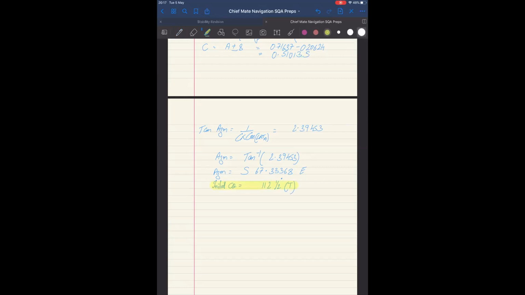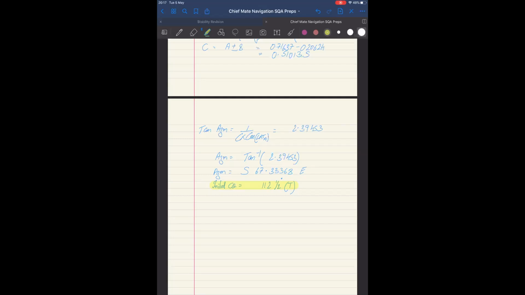So how are you feeling up till this point, guys? Up till this step, till finding the initial course, are you fine? I was all right until I got to C, and then when it comes to the tan azimuth, 1/C times the cos of lat A, I get different values.